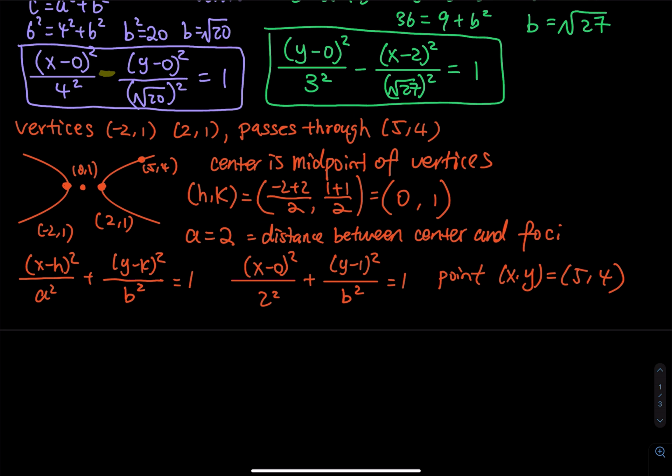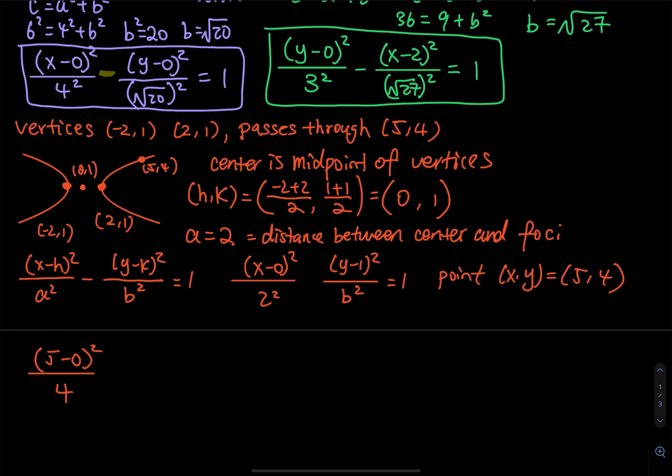So plug in x and y, then we have 5 minus 0 squared divided by 2 squared. Before we plug in, can we simplify that? 5 minus 0 squared over 2 squared, this is 25 over 4, and I keep saying a plus, this is a minus, sorry.